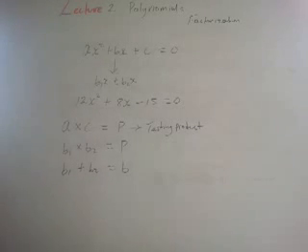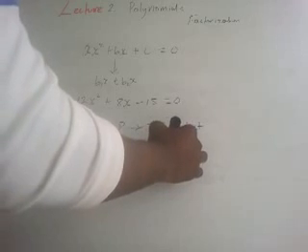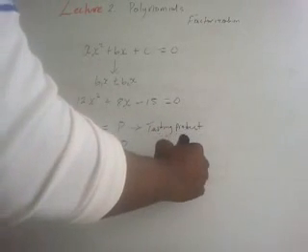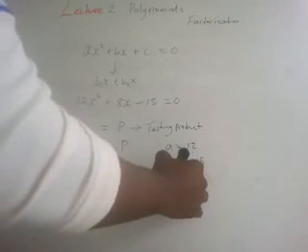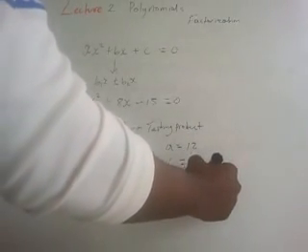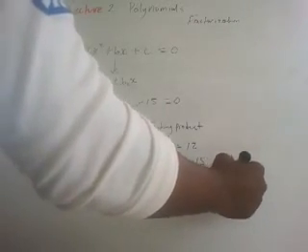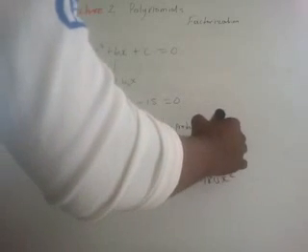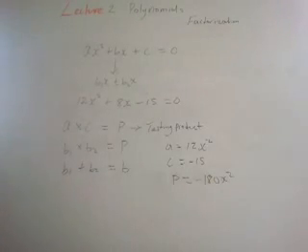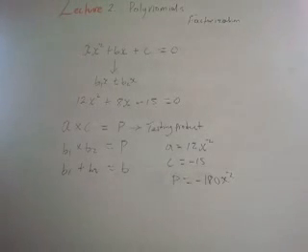In the quadratic on the board, a is equal to 12 and c is equal to minus 15. Now if we multiply a and c, then p would equal minus 180. Now we need two numbers that when multiplied give p, and when added equal the middle term.